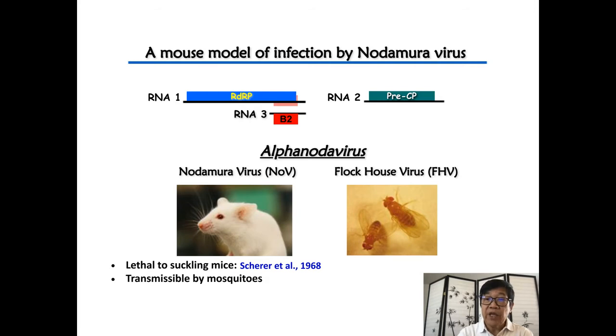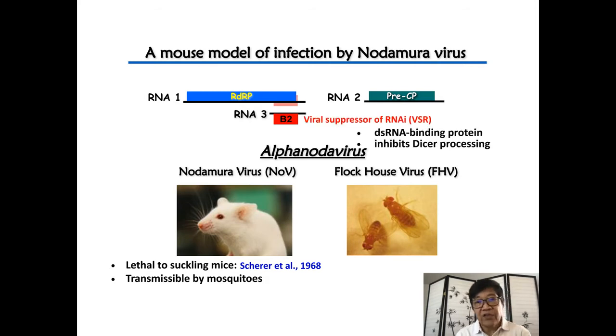And for Flock House virus, we have shown that the B2 protein is a viral suppressor of RNAi, essential for infection, by inhibiting Dicer processing of viral long double-stranded RNA into siRNA by sequestering the double-stranded RNA precursor.